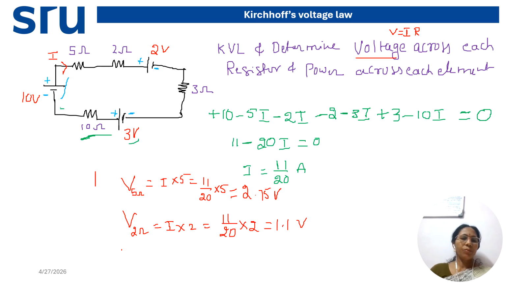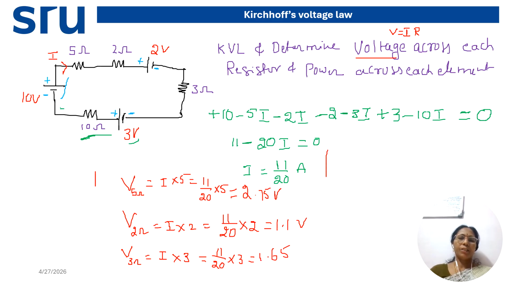Similarly, how to write voltage across the 3 ohm resistance? I into 3, where 11 by 20 is your current, so it is 33 by 20, that is 1.65.